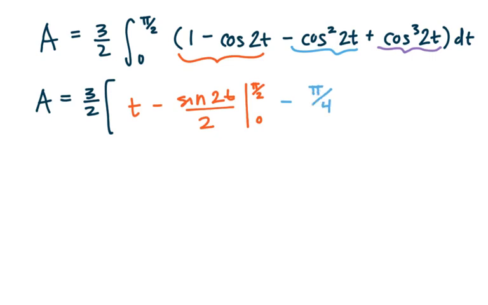And then I'll do my last piece, cosine cubed 2t, also on a scratch piece of paper. So my integral from 0 to pi over 2 of cosine cubed 2t, and that's with respect to dt.